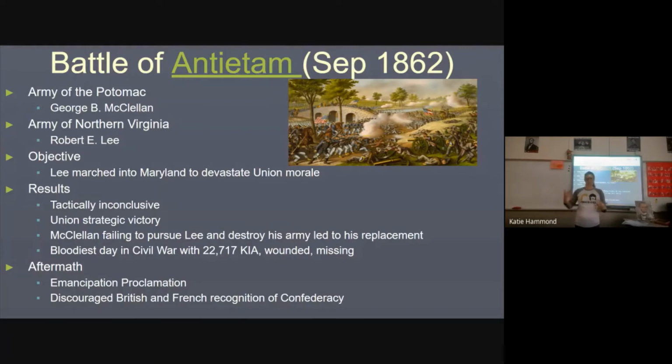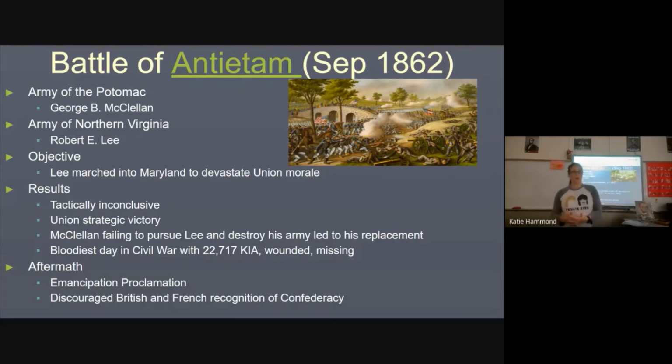Does McClellan pursue him and end it? No, he's like, we don't have enough troops to go into the South. I'm gonna just stay here. So basically, a lot of people believe the war would have been over right then and there if McClellan had pursued Lee. But instead, Lee retreated safe into the CSA. So it kind of was like a draw.